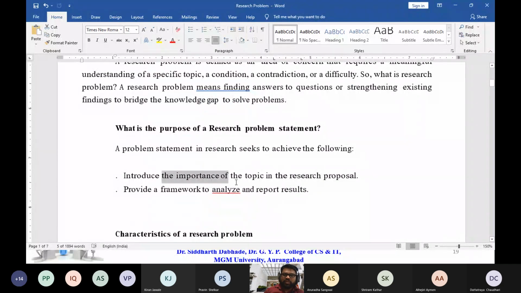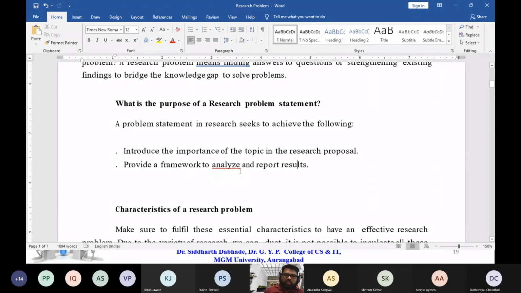The very first point is that it gives the introduction or the importance of the topic in your research proposal. Whenever you set the research problem, or the problem statement, this problem statement should be given in your research proposal for your PhD degree.